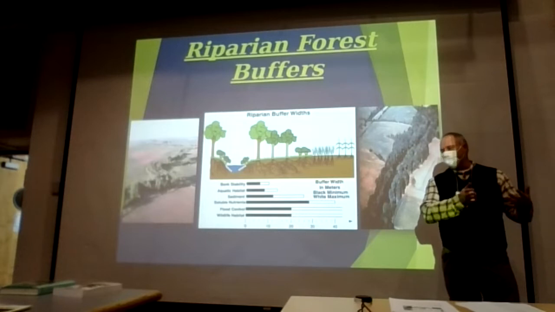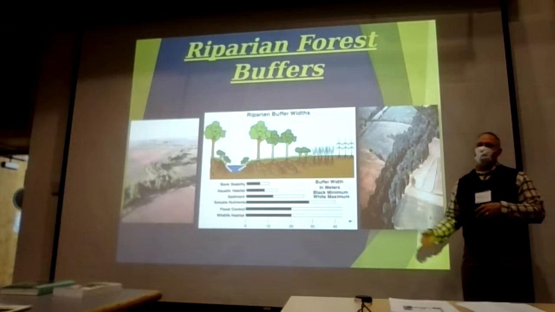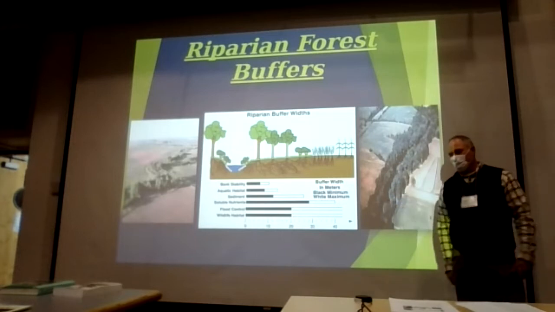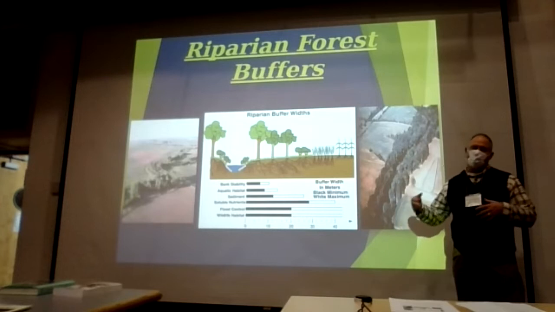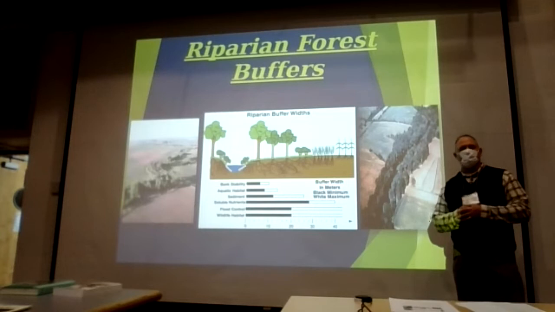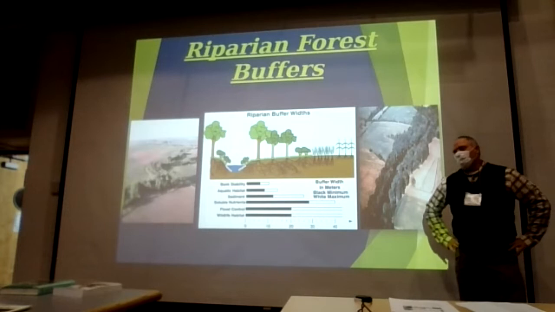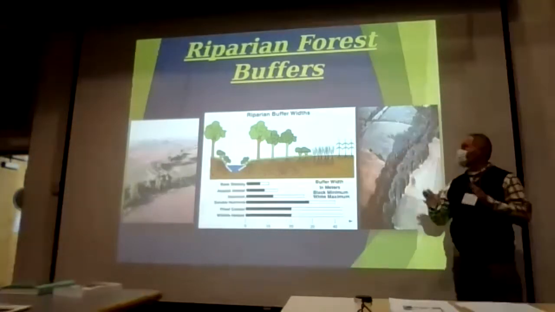You have an unmanaged zone within probably 0 to 10 feet of the bank, and then 10 feet to say 30 feet is a tree zone, and then a shrub zone, and then ideally, I'm a big native warm season grass guy, so I'd love to see the closest zone to the crops being grasses personally, just because of the benefit that they can do in terms of removing chemicals, especially herbicides and especially atrazine, and the denitrification that they can do. So that would be my dream.